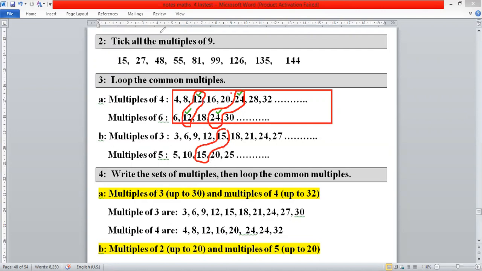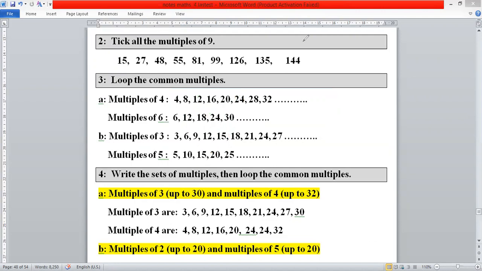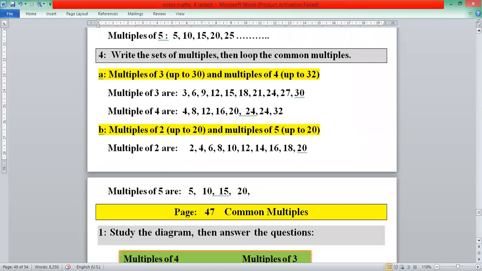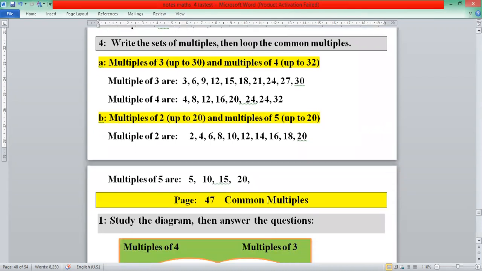Question 4. In question 4, the statement is: write the set of multiples, then loop the common multiples. Here, only the statements are given.